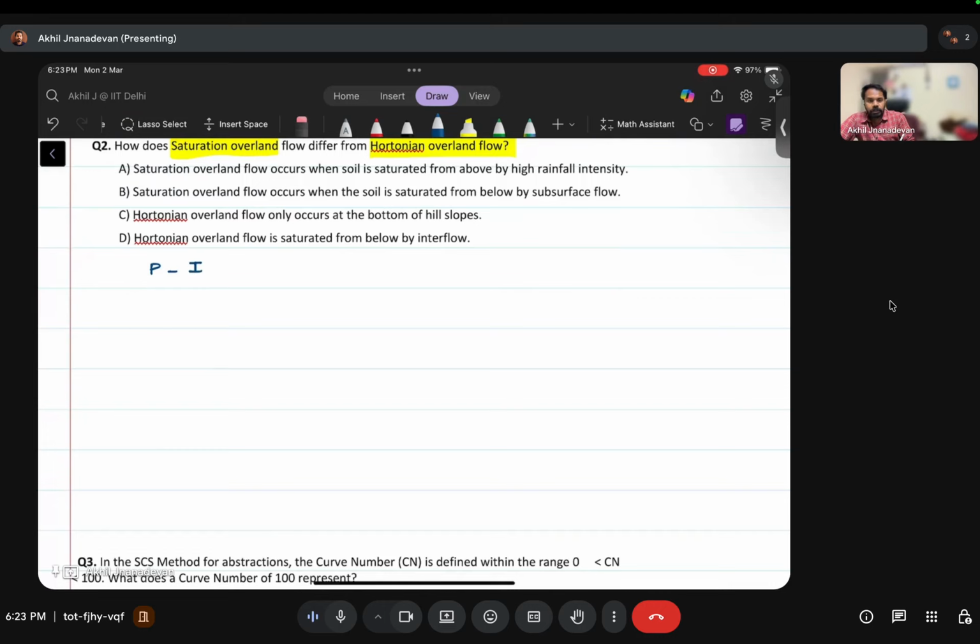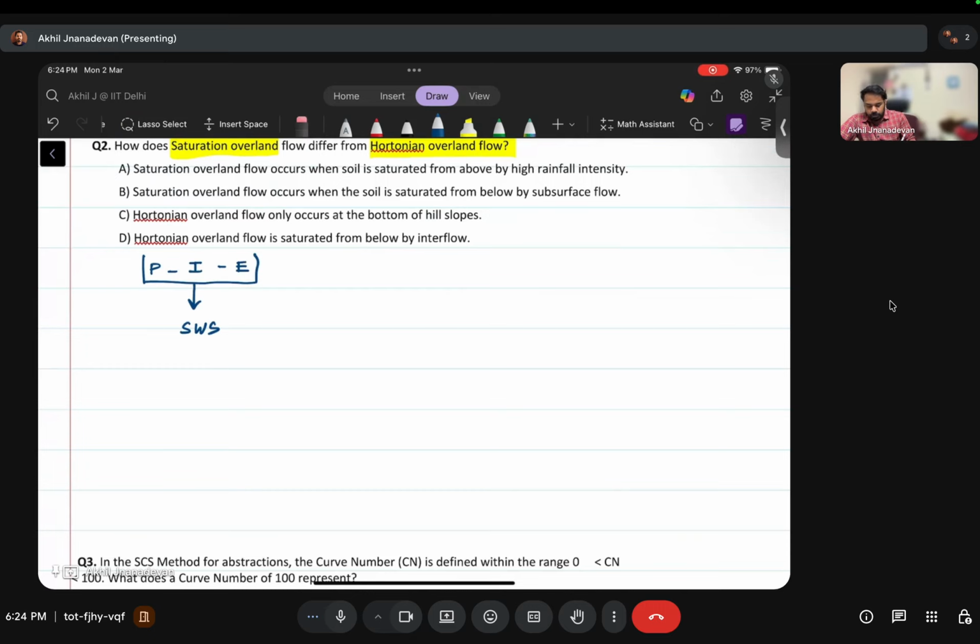After these two losses, if you look into the storages, whatever is left from this will be stored as surface water storage.